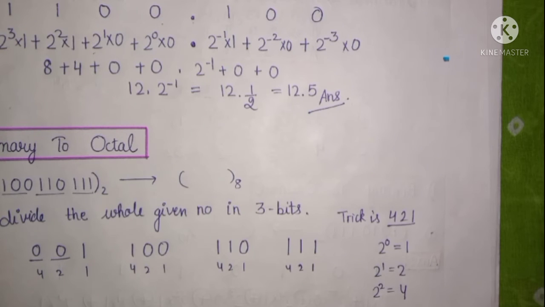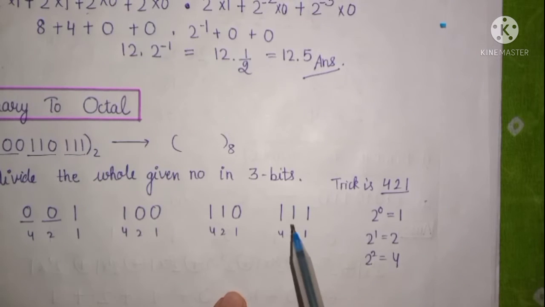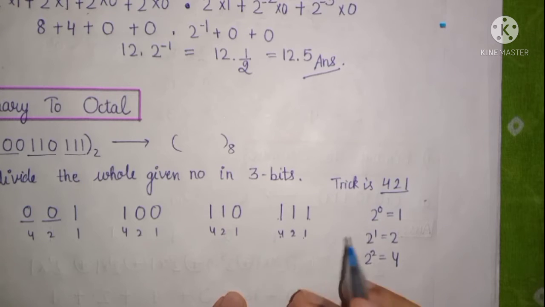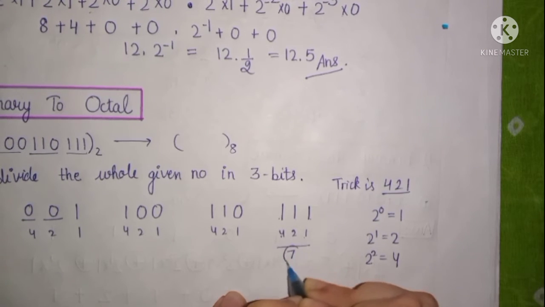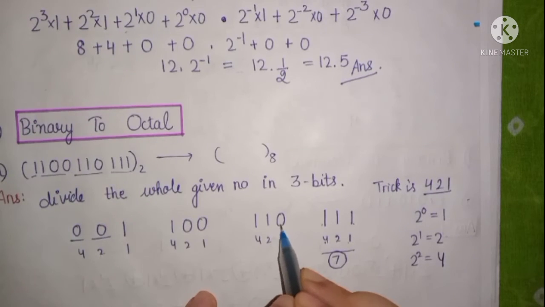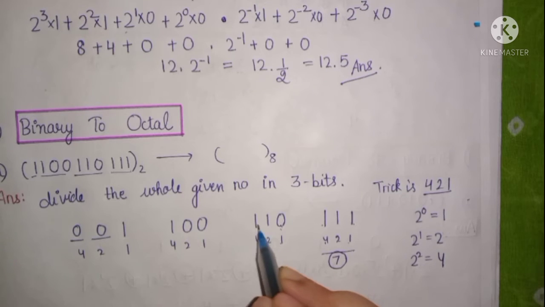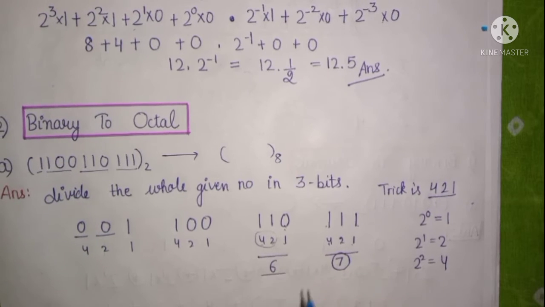In the next step, you have to add these numbers. It is 111, so where the bit is 1, you add all those numbers: 4 plus 2 plus 1, here it comes to 7. Here it is 0, so you don't have to count that. 1 1, so you add these two numbers, 4 plus 2 equals 6.